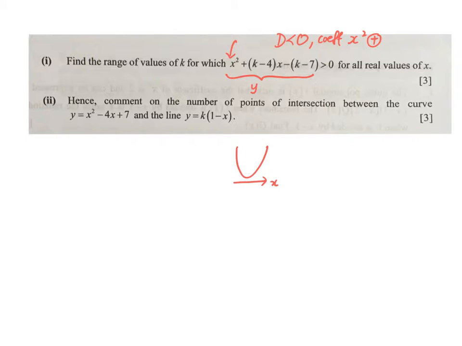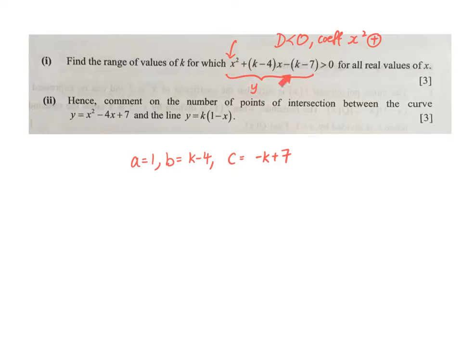Okay, so over here, to find the range of values for which this expression is greater than 0, we basically need to identify the a, b, and c. You can see that a is equal to 1, b is equal to k minus 4, and c is equal to the negative of k plus 7.